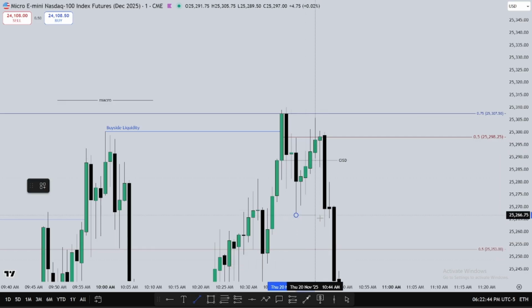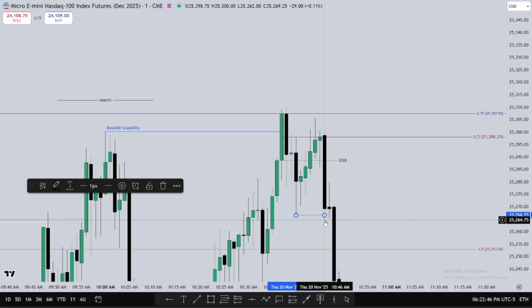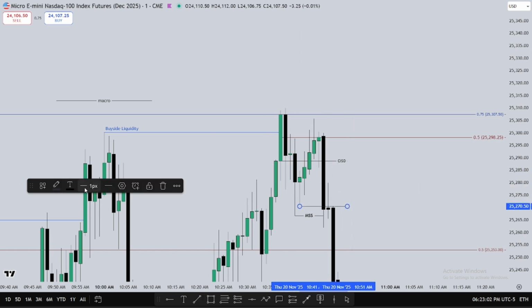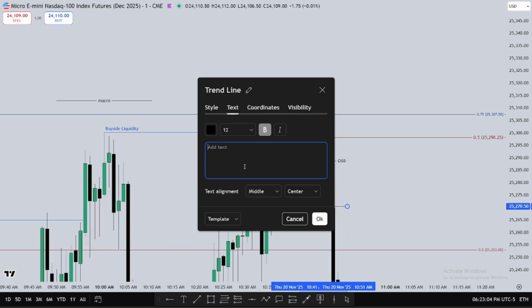So that displacement, even if it's just a wick, we still displaced and we shifted structure, even though we didn't touch the opening price. That's a bearish signature. The entire candle, from wick to wick, the entire thing is my bearish order block.